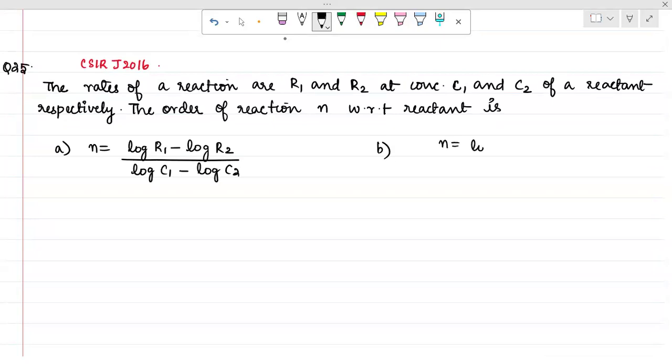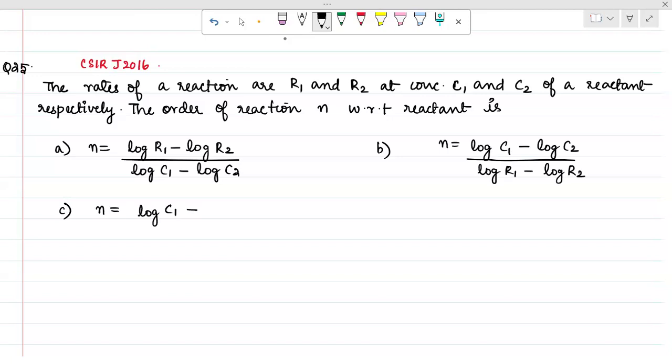Option B, N is equal to log C1 minus log C2 divided by log R1 minus log R2. Option C, N is equal to log C1 minus log R1 divided by log C2 minus log R2.